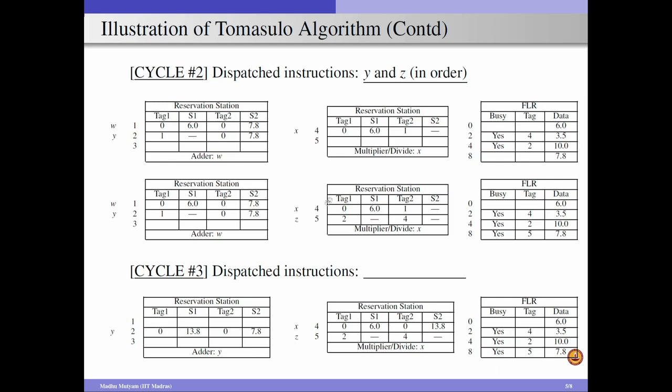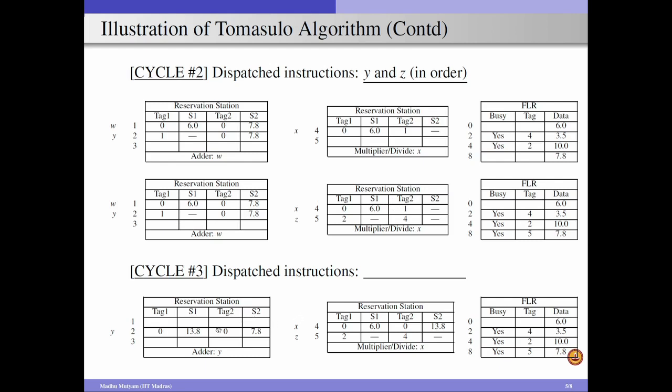We can clearly see here in these two reservation stations. The second instruction in the add reservation station requires the value from this add instruction. Similarly, the first entry in the reservation station associated with the multiply functional unit also requires the value from this add instruction. So we are forwarding the value to these two entries.